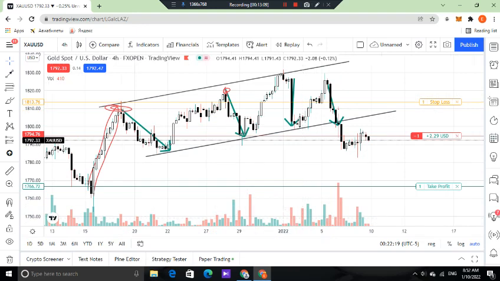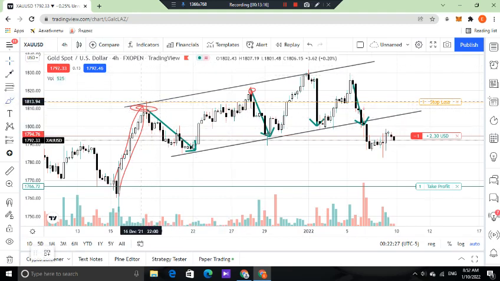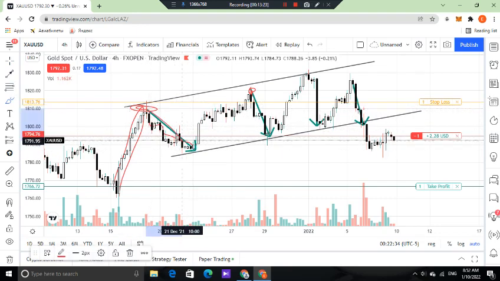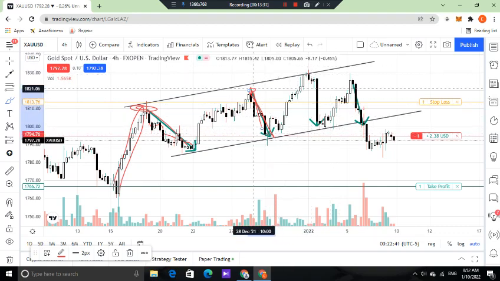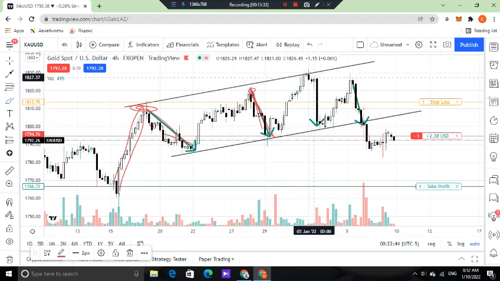And these pullbacks have some angle of their own. For example, at this point the correction was something like this, and here it was steeper and extreme, and here we definitely had this 90-degree angle.